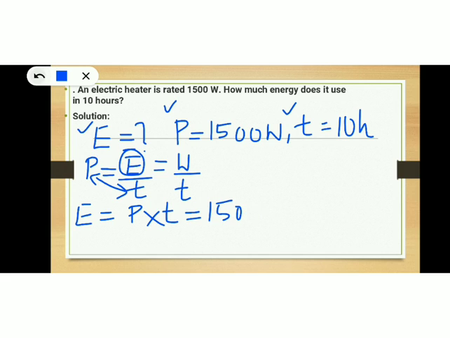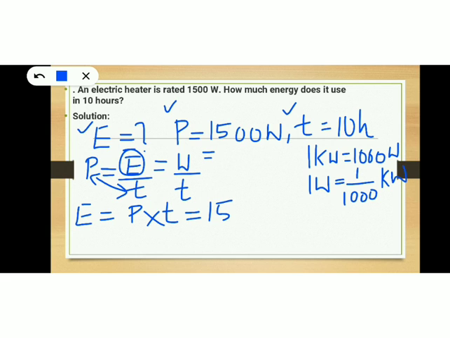And here we need to do some modification. Power is given in watt. We need to convert watt to kilowatt. How will you convert watt to kilowatt? You had already studied 1 kilowatt is equal to 1000 watt, isn't it? So 1 watt will be equal to 1 by 1000 kilowatt.